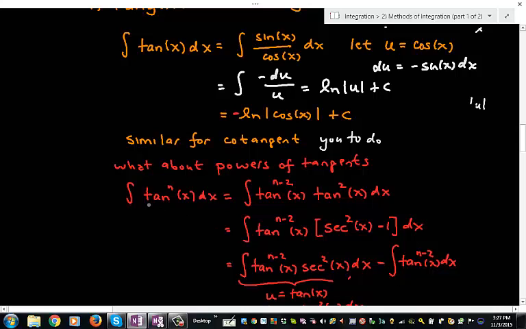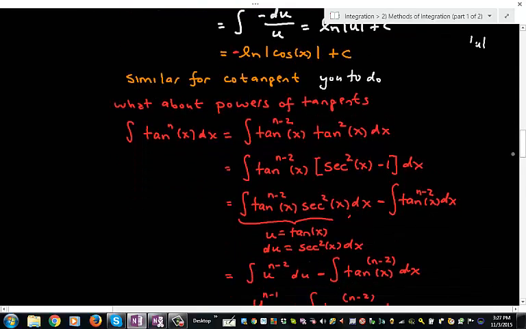Notice that, for example, if I look at the integral of tan to the nth power, I can factor it as tan squared times tan to the n minus 2. And I can rewrite tangent squared as secant squared minus 1. And you notice now that when I express this as two separate integrals, if I let u equal tan x, I know the derivative of tan x is secant squared. So du is secant squared dx.